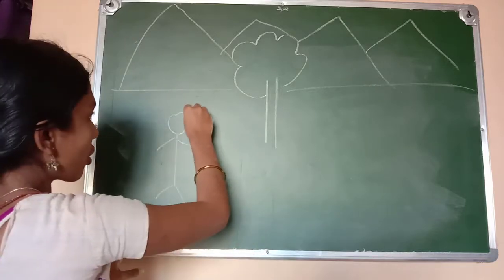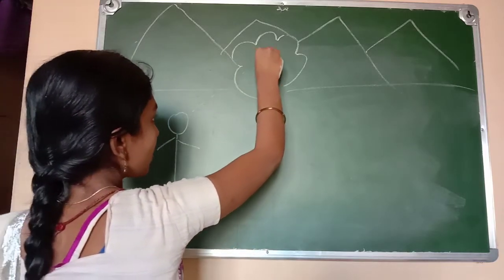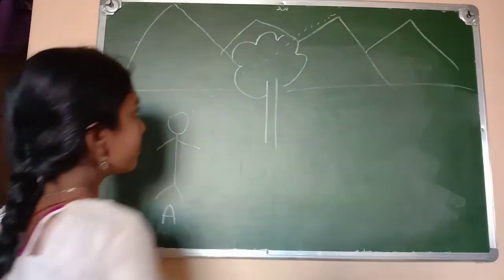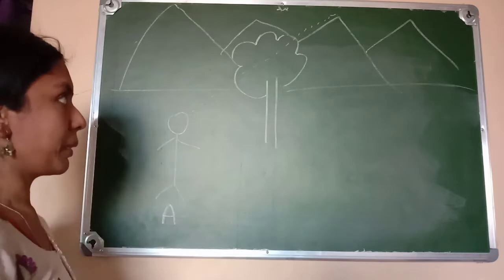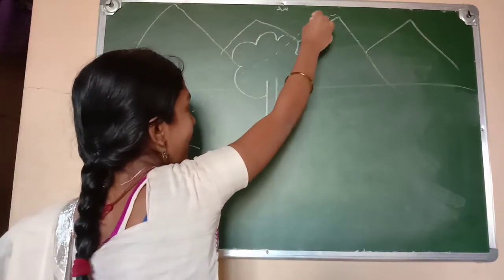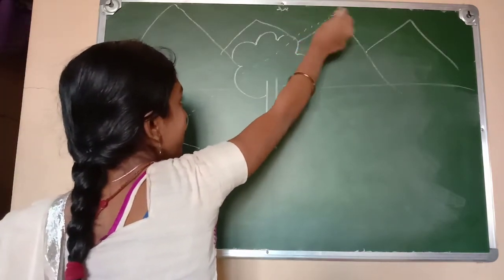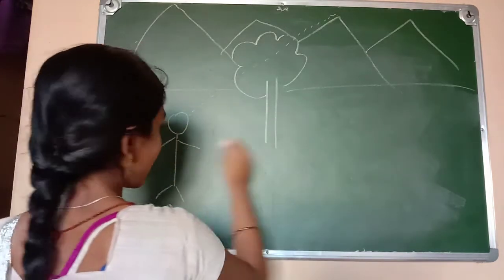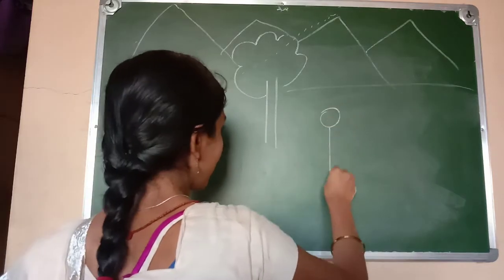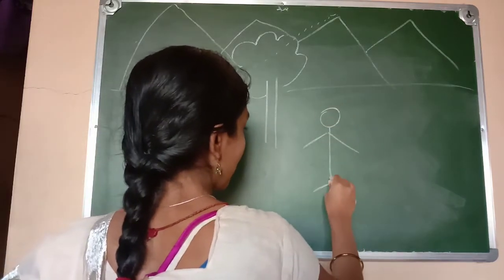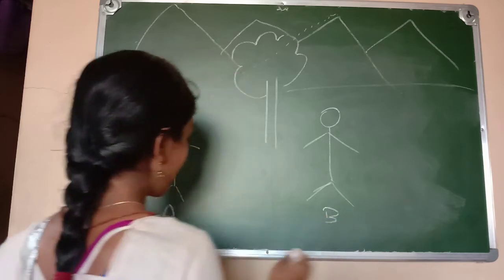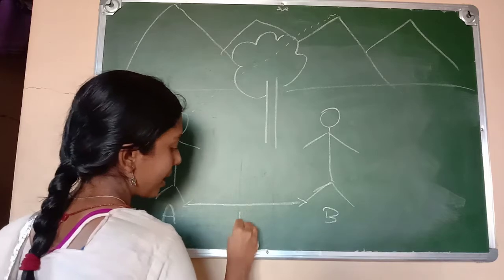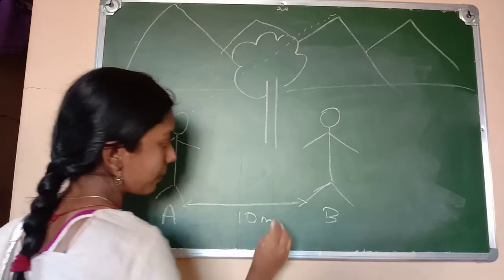So if I draw a straight line through the tree to the background, this is how it would be. So he might be seeing the sky here at the background. Similarly, now let me say there is another person here, B. He is just, let us say, some 10 meters away.